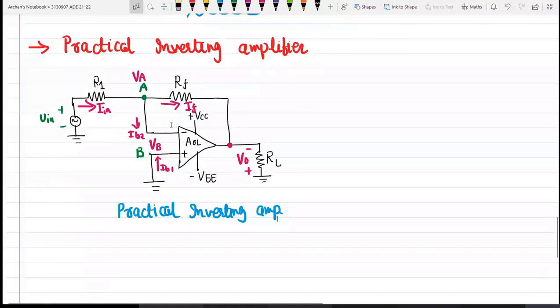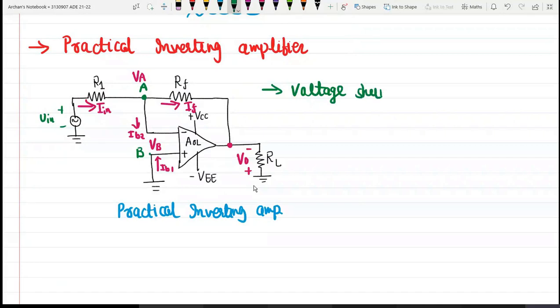This practical inverting amplifier is also known as voltage shunt feedback amplifier.